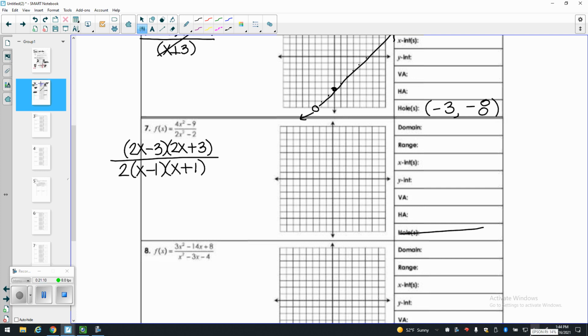What do I want to find first? X-intercepts. Always find your x-intercepts first. How do you find your x-intercepts? Set the numerator equal to 0. So take those two factors, set them both equal to 0, and solve them. So 2x minus 3 equals 0, and 2x plus 3 equals 0.